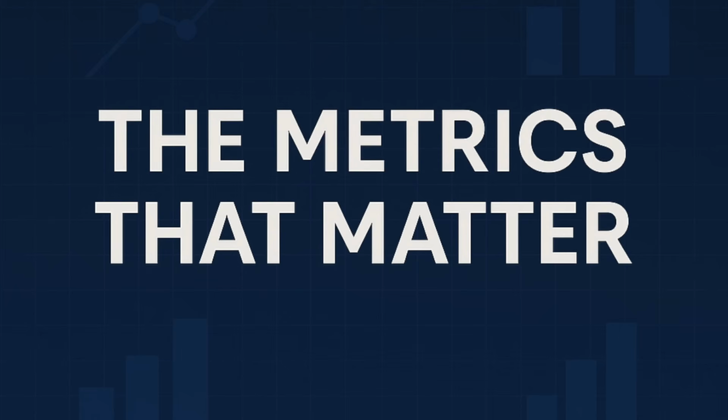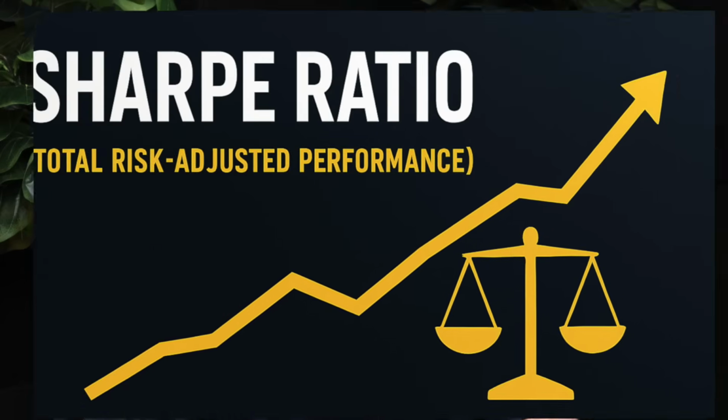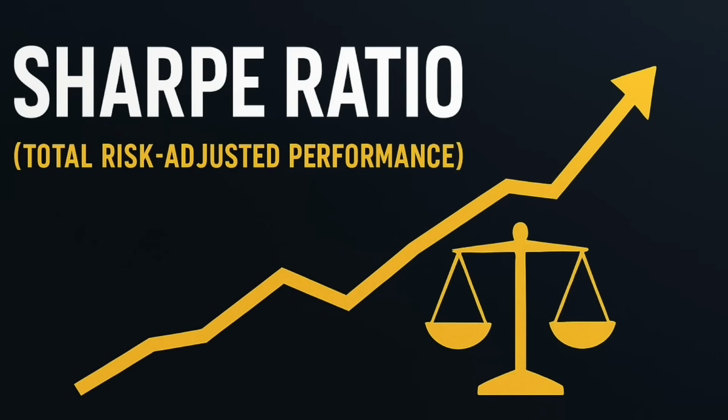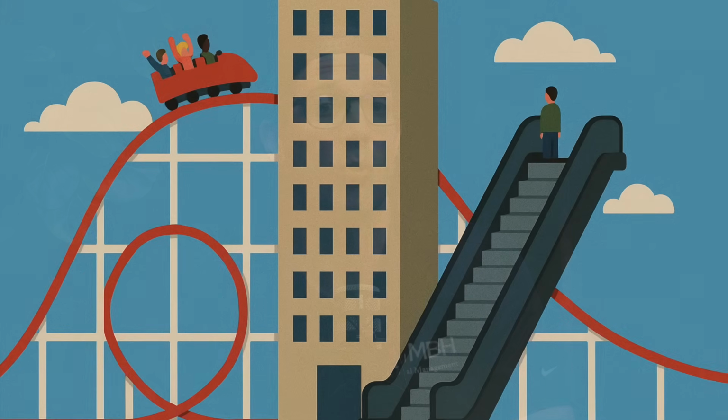The metrics that matter. Number one is our Sharpe ratio. This is the total risk we take minus our adjusted performance. Sharpe measures how much return you get per unit of volatility or drawdown you take on. Imagine two ways to reach the top of the building. One is a roller coaster, big highs, sudden drops, and unpredictable movements.